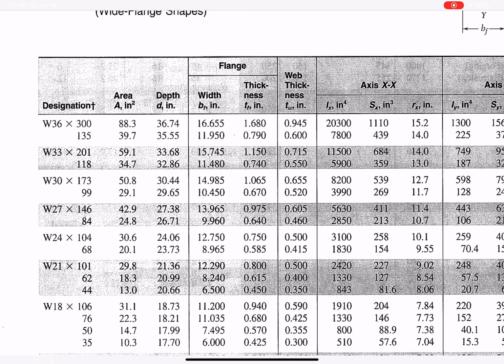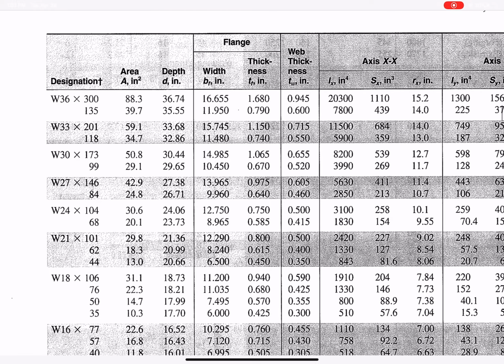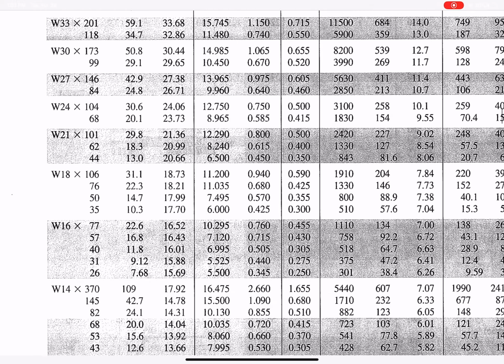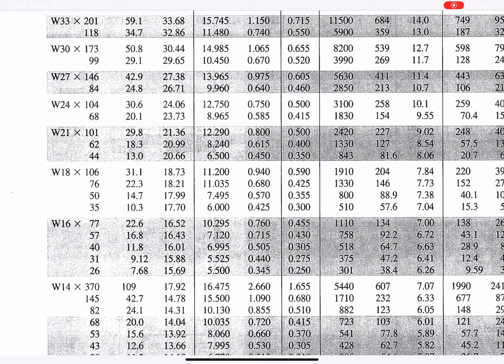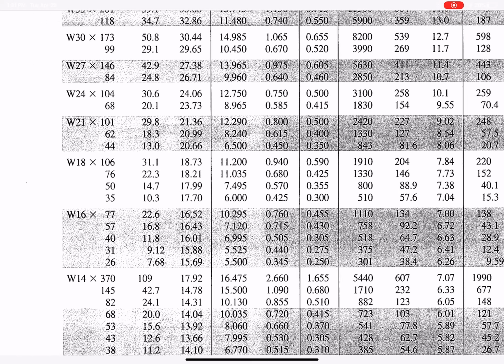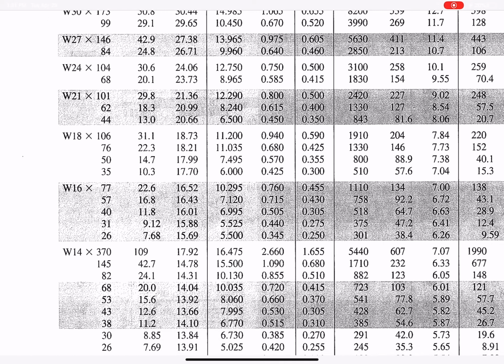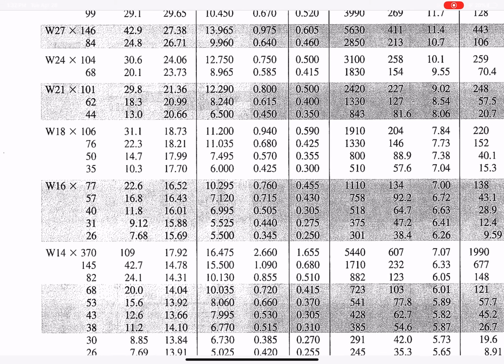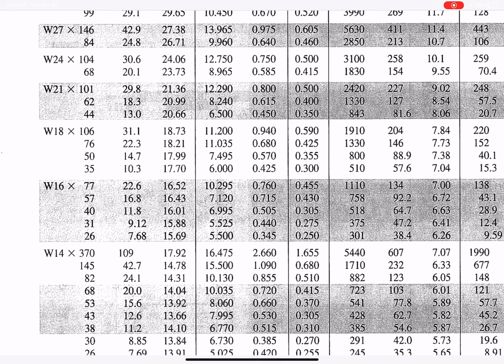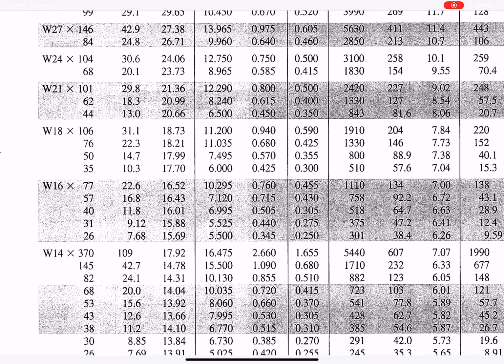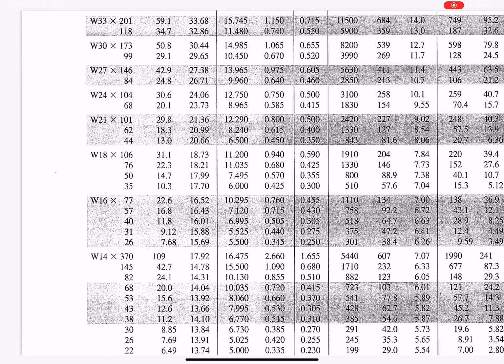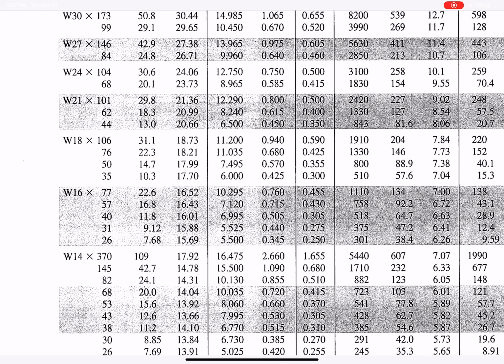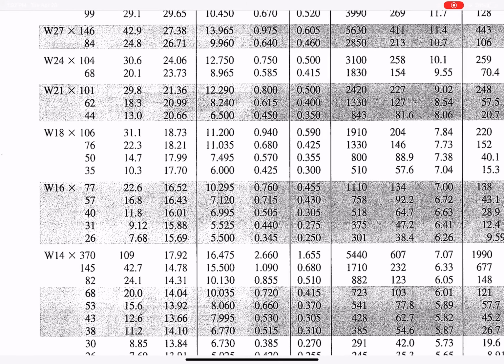SX here has to be greater than 66.67 in cubed. So you just take time, go down, and see multiple candidates. Then you can select the one that is most economical. Let me give a few. For example, W16 by 57 has SX equal to 92.2, greater than 66.6, right?